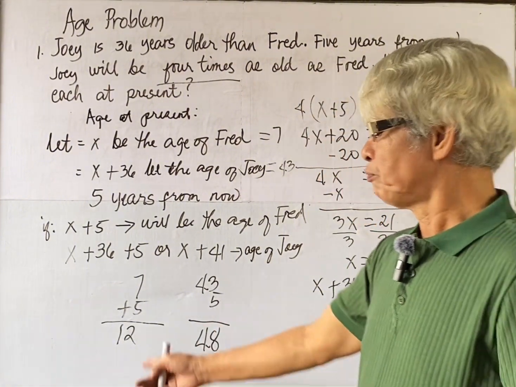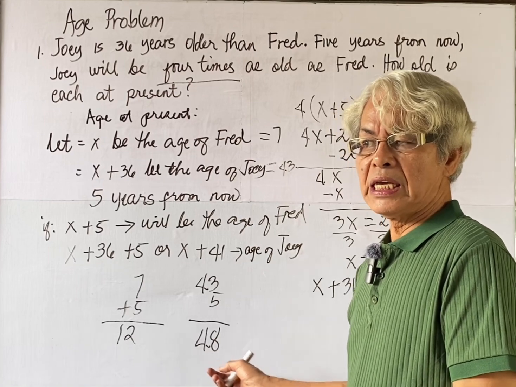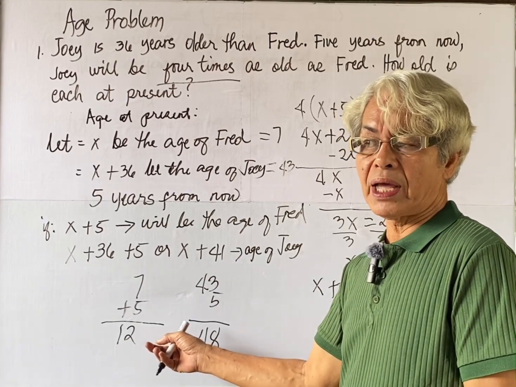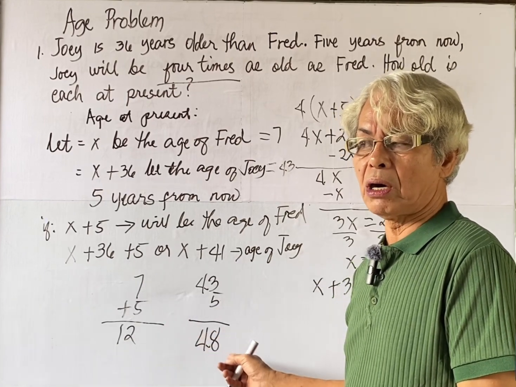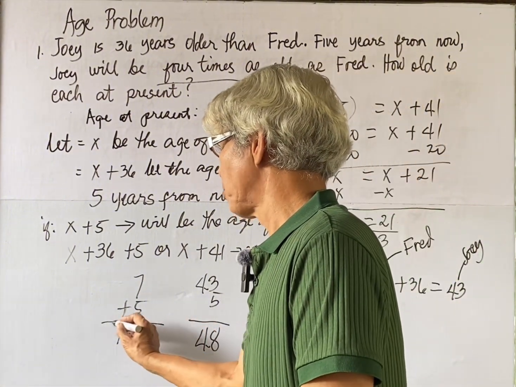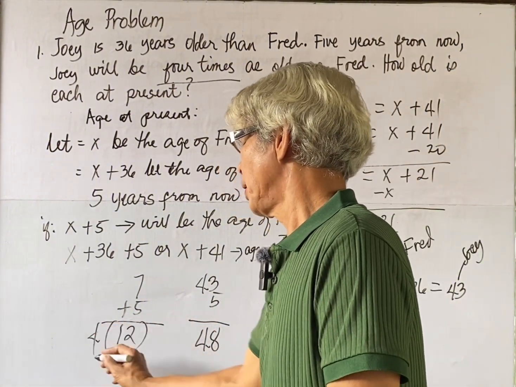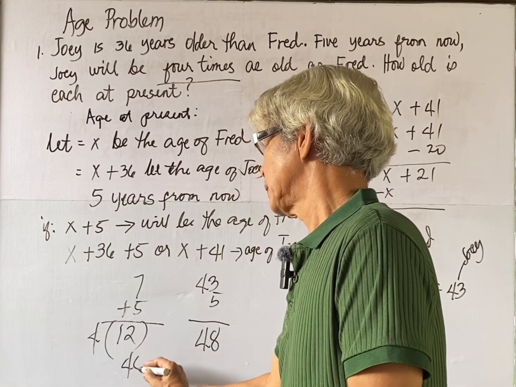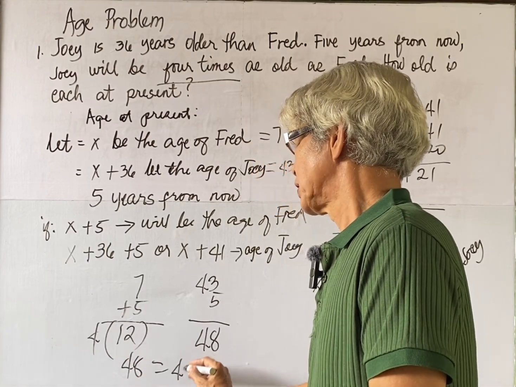Is it 4 times? Is the age of Joey 4 times the age of Fred? Yes, because if we multiply 12 by 4, that is 48 equals 48.